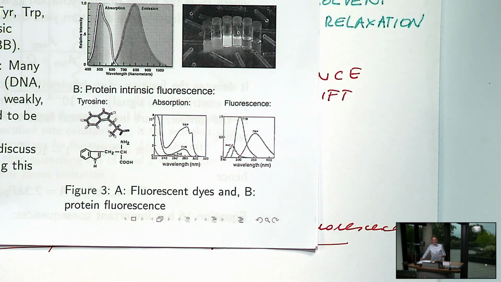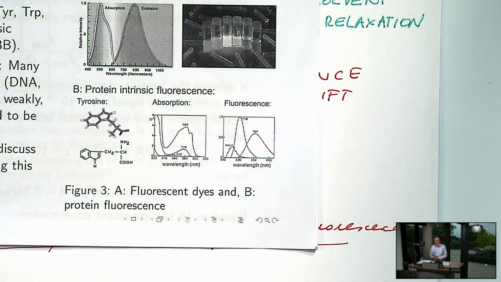So you can excite intrinsic protein fluorescence, but the problem is every protein will look the same. Everything that contains these residues will give you similar signatures, and therefore it's very difficult to differentiate protein A from protein B. The signatures are so similar that you can't distinguish them.